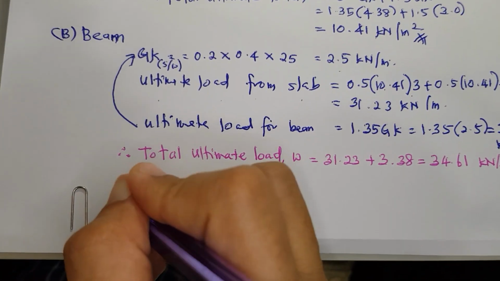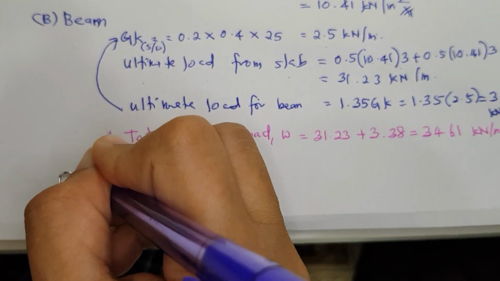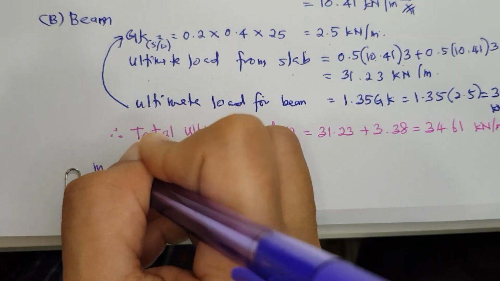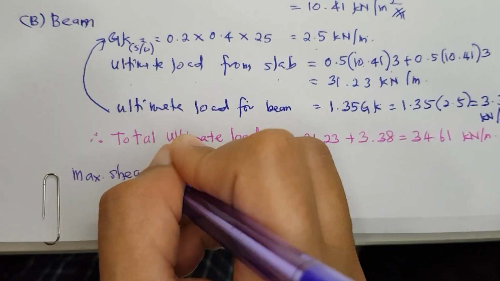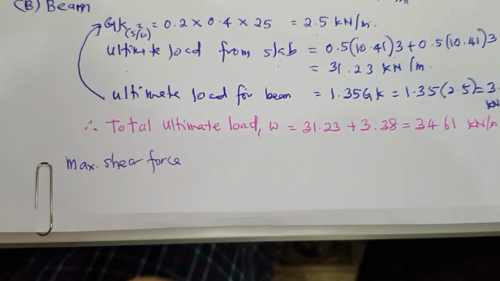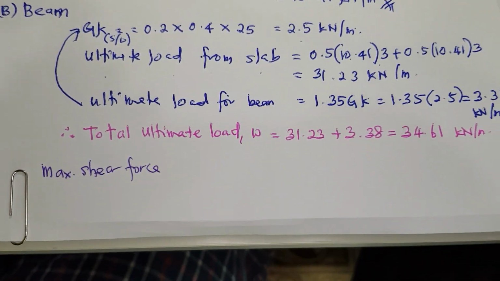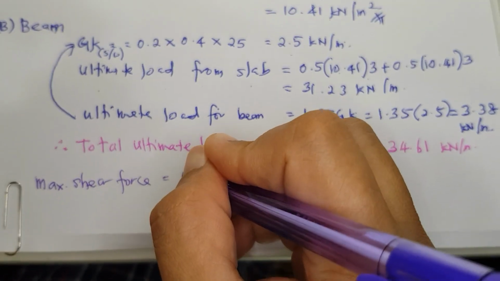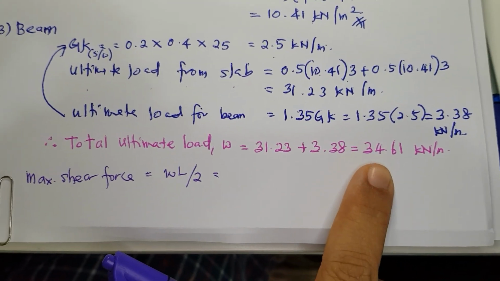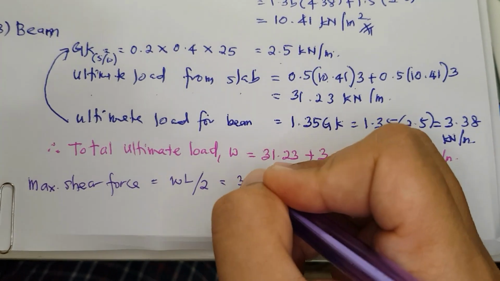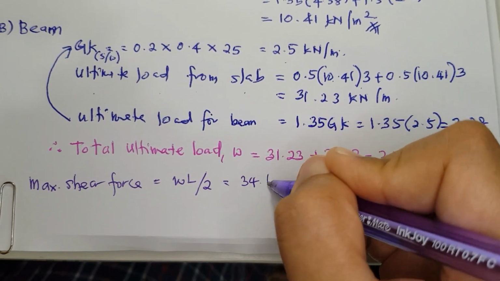And finally, the maximum shear force for a simply supported beam is WL over 2. Our W here is 34.61.